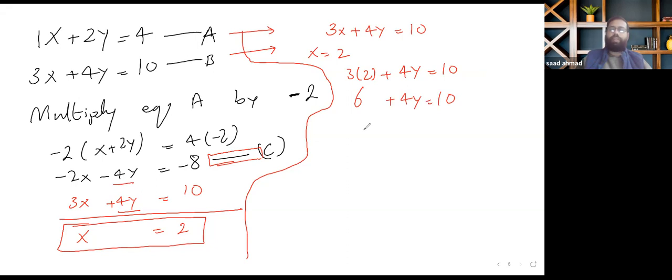So we subtract 6 on both sides. 10 minus 6 is 4.